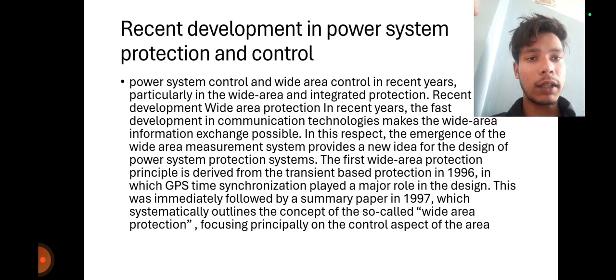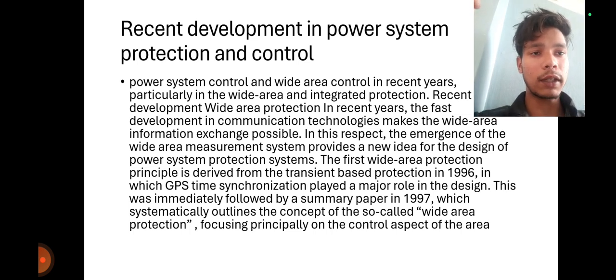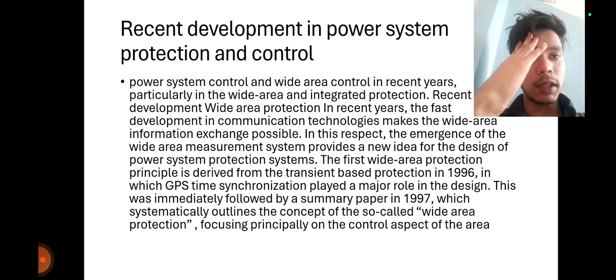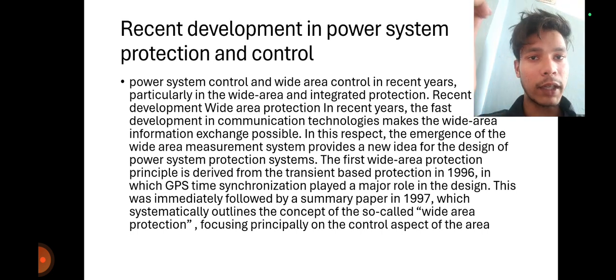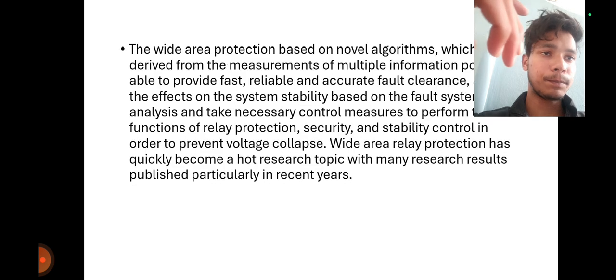This was immediately followed by a summary paper in 1997, which systematically outlines the concept of the so-called wide area protection, focusing principally on the control aspect of the area.